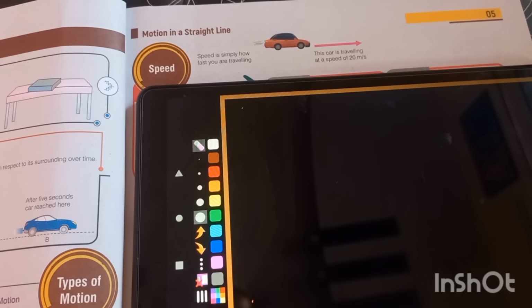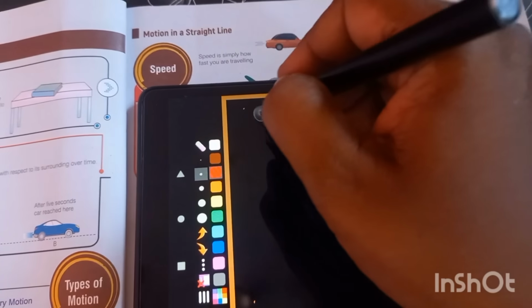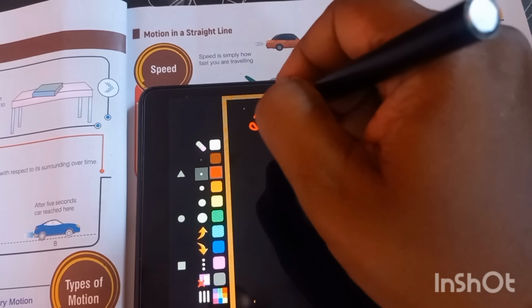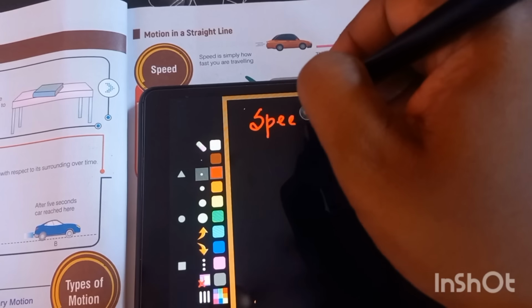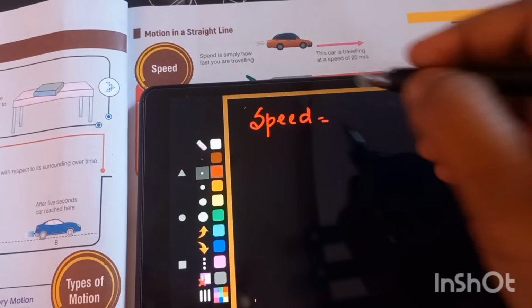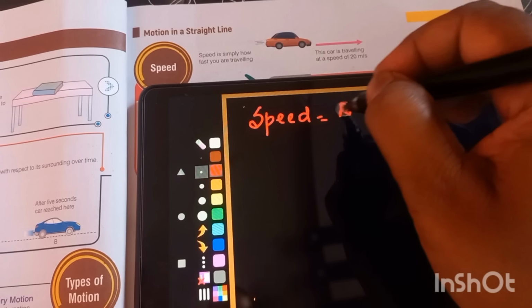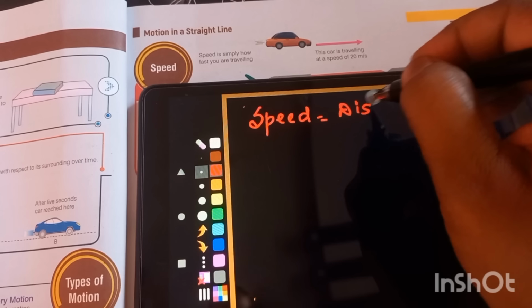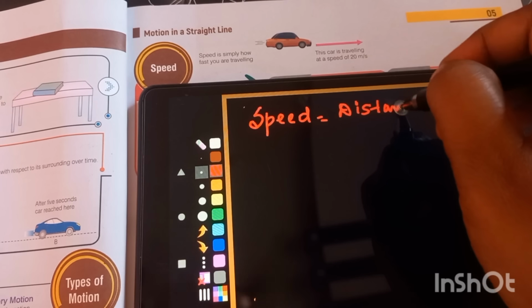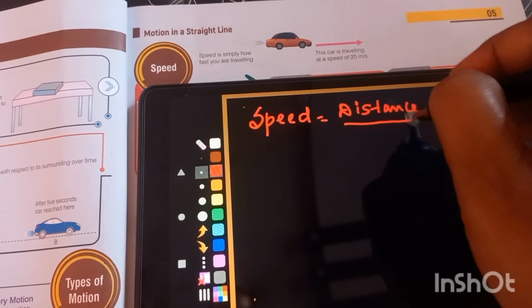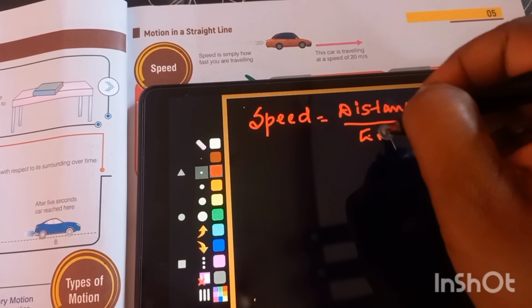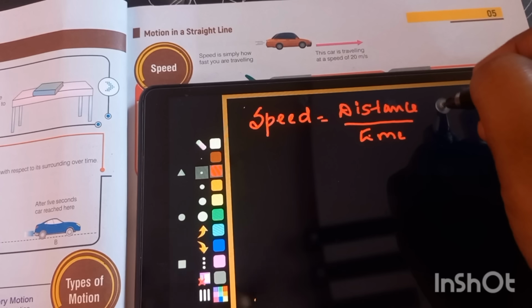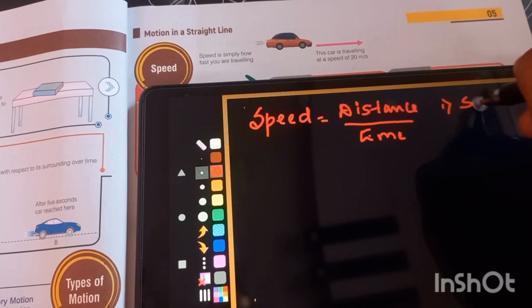So speed is distance upon time. It is a scalar quantity.